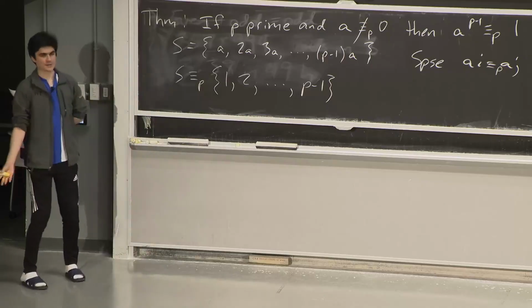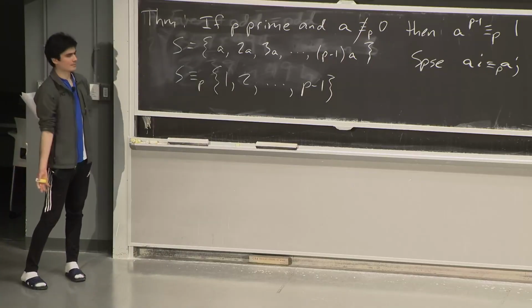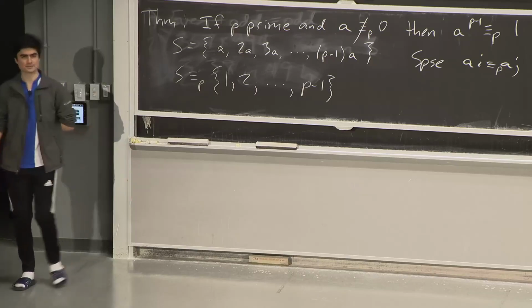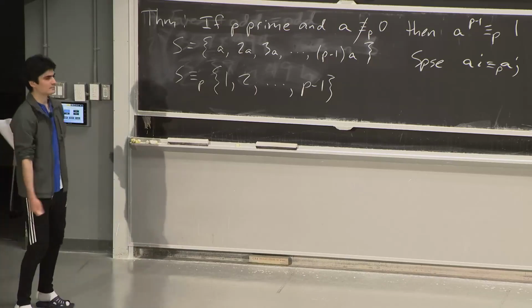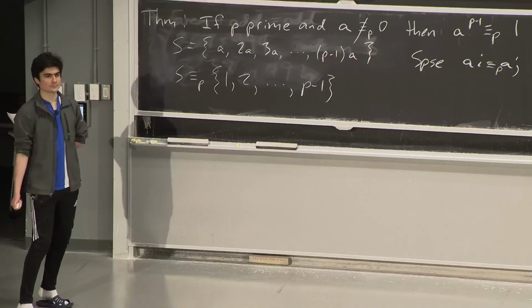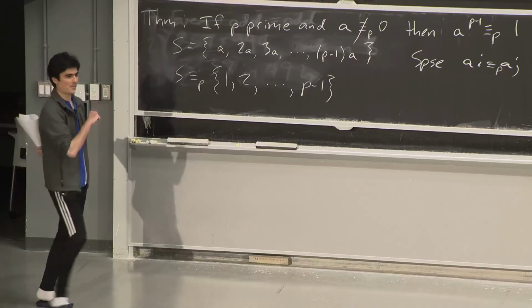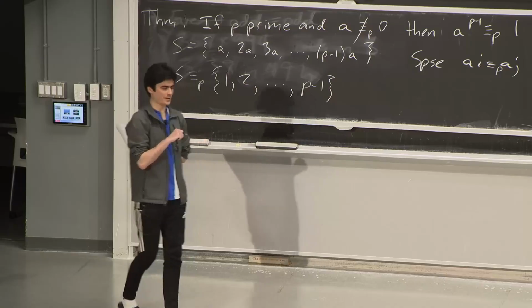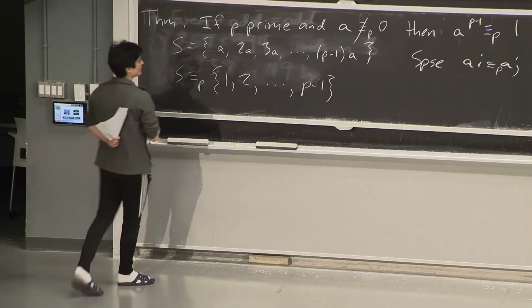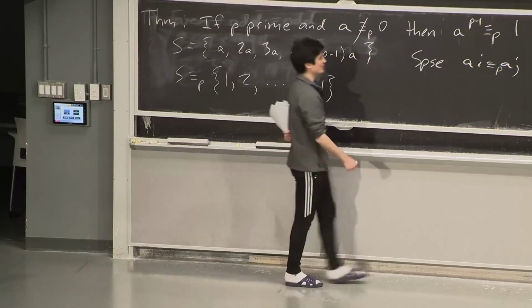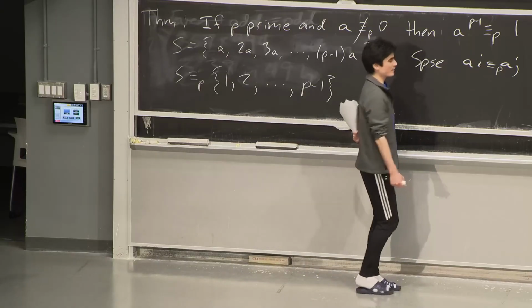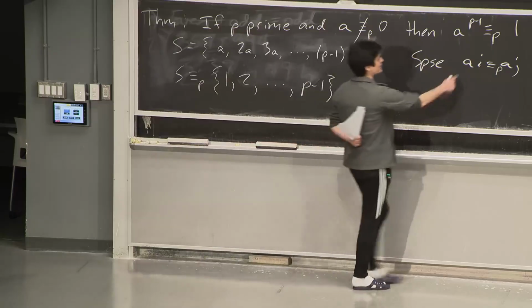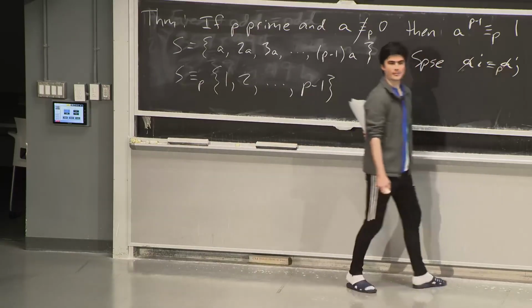Okay, what is this telling us? Yes, p is prime, so a and p are coprime, so a has an inverse. We can cancel it.